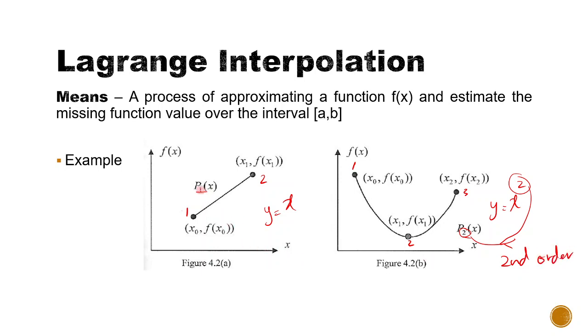So this is first order. Okay, so by using this Lagrange interpolation, we can measure at any point. For example, this point or this point, we can measure the same for second order, third order and fourth order also.